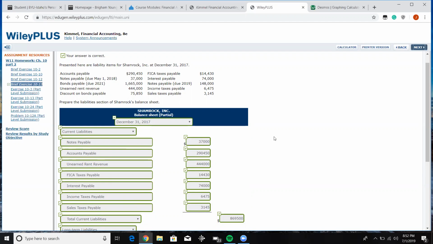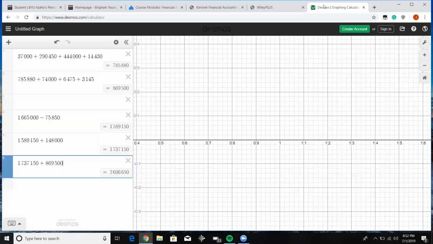And now at this point, since we want to know our total current liabilities, we're going to add all of those up, and I've got my math right here. So we've got the $37,000, the $290,000, the $444,000, $14,430.